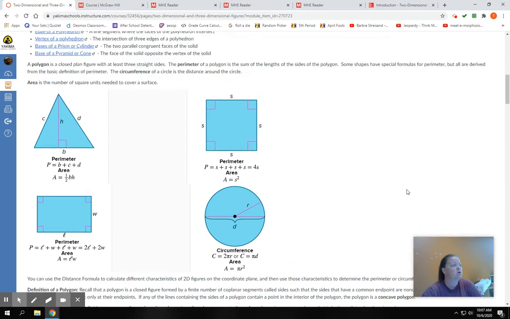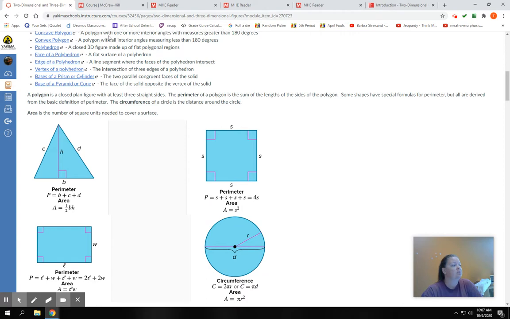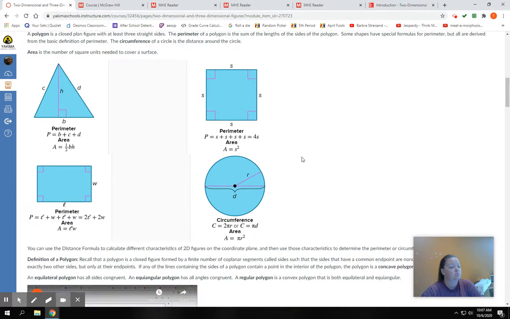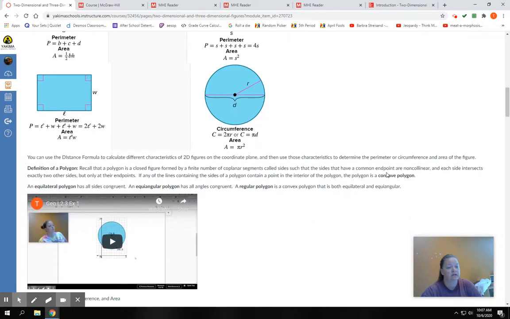Okay, so up here, concave: a polygon with 1 or more interior angles that measure greater than 180 degrees. Convex: a polygon with all interior angle measures less than 180. These are convex polygons, these 3 right here. We have not seen an example of a concave polygon yet.